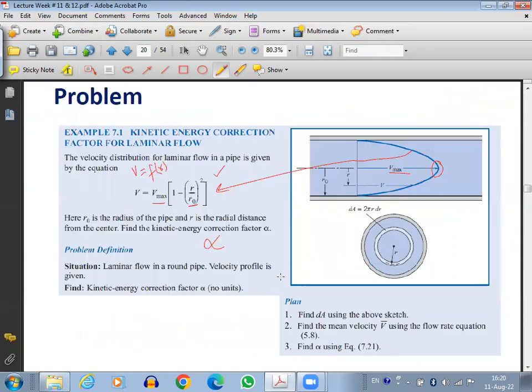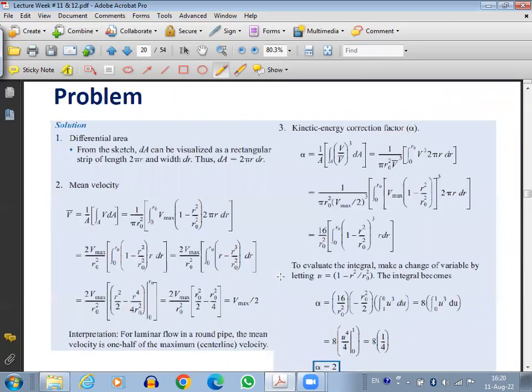In order to find V mean, we have this formula, which you studied in chapter number 5, when we discussed the rate of flow. V bar is 1 upon area integral of V dA. Now V is given as a function of R, and dA will be 2 pi R dr.